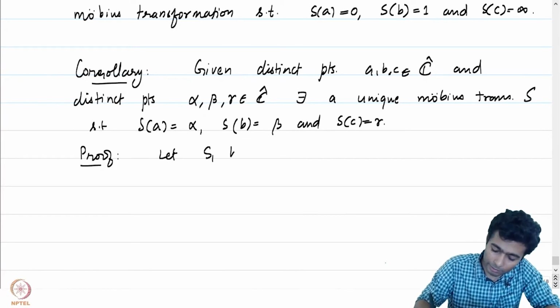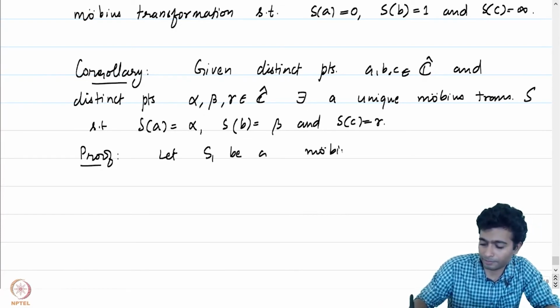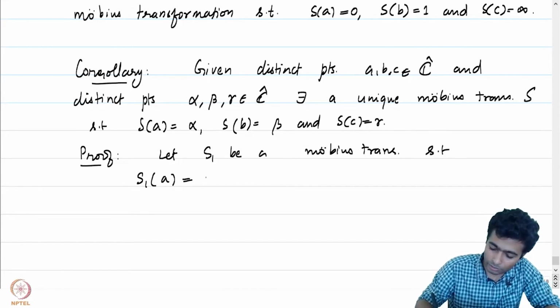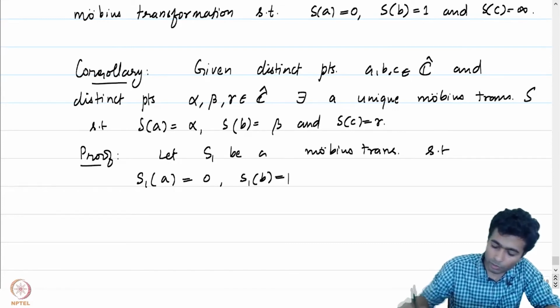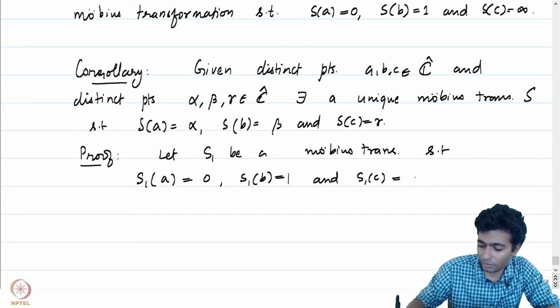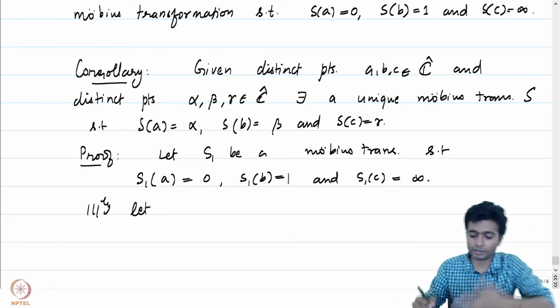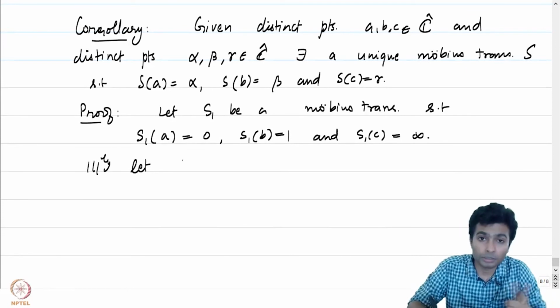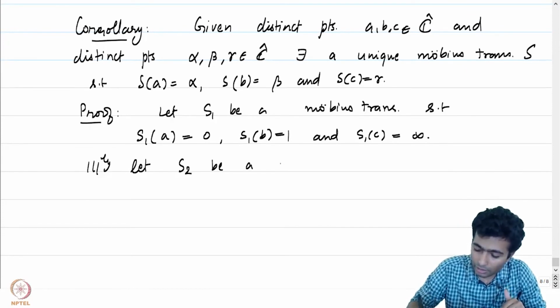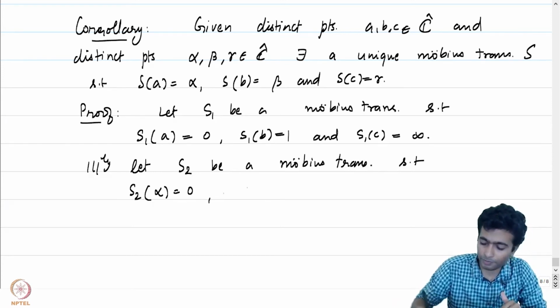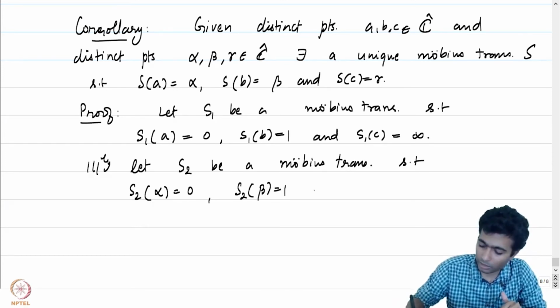Let S1 be a Mobius transformation such that S1 of A is equal to 0, S1 of B is equal to 1 and S1 of C is equal to the point at infinity. We know the existence of one such S1 from the previous proposition. Similarly, let S2 be a Mobius transformation such that S2 of alpha is equal to 0, S2 of beta is equal to 1 and S2 of gamma is equal to infinity.